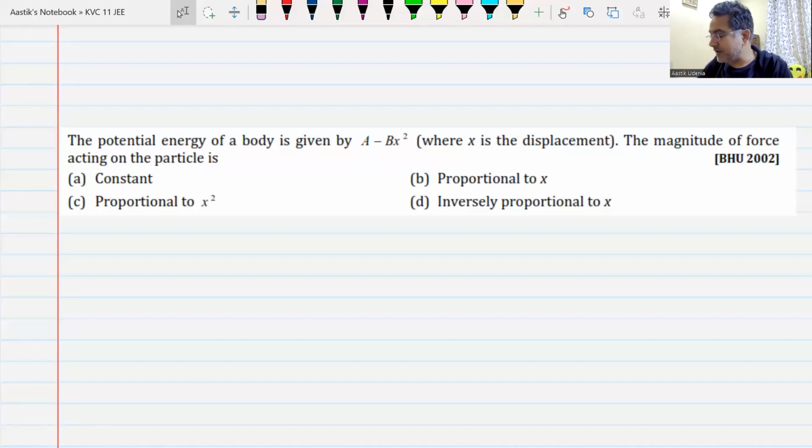Well, then let's move ahead with this question. Question number 4. It's a simple question. Tell me the answer. The potential energy of a body is given by A minus bx square, where x is the displacement. The magnitude of force acting on the particle is how much? Constant, proportional to x square, or inversely proportional to x?